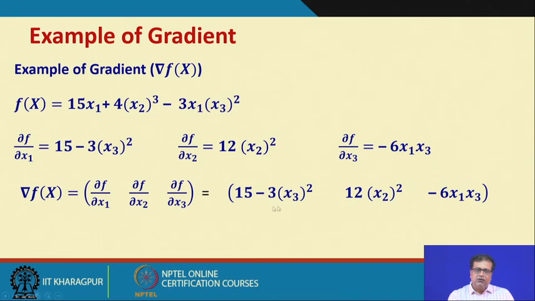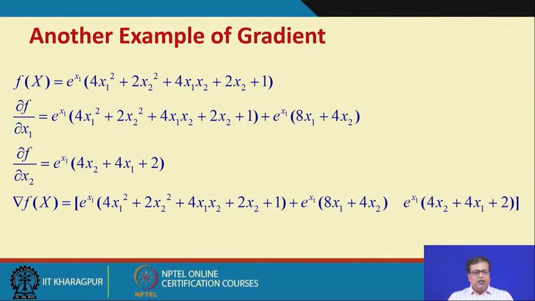So, this is our matrix: 15 minus 3 x 3 square, 12 x 2 whole square, minus 6 x 1 x 3. So, this entire thing will be our del f of x, that is the gradient. Is it all right? So, we have the gradient for this particular function.